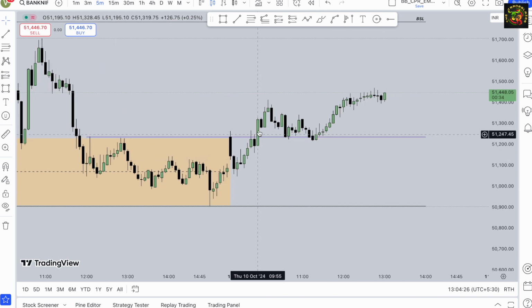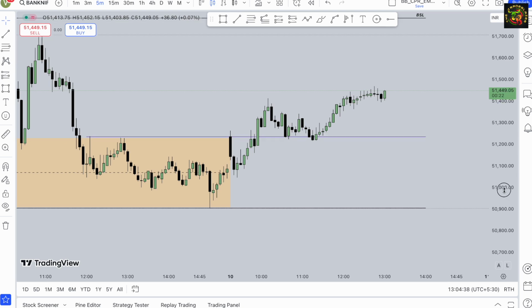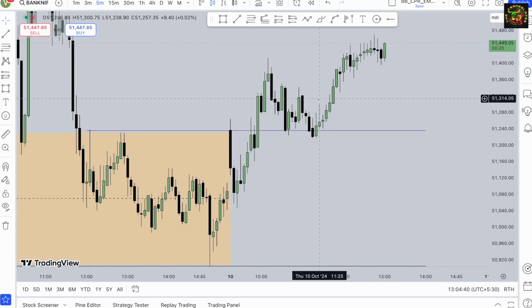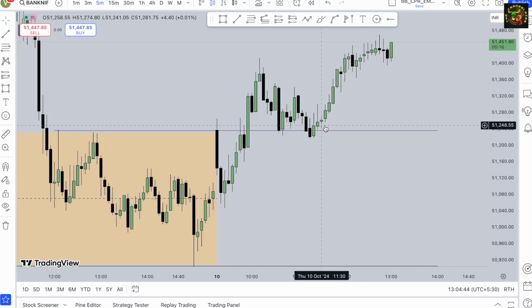So I was waiting for a pullback, and once the price starts trading below this opening price and starts moving above from there, this is where I was waiting for the entry. I can see that there is a rejection here, and then there is an indication candle, and then a confirmation candle, based on which I made my entry somewhere here and exited somewhere here on top. So this was my trade for today.